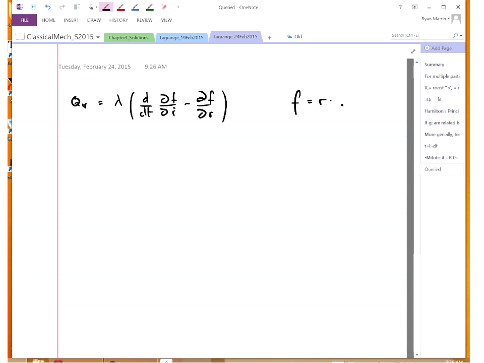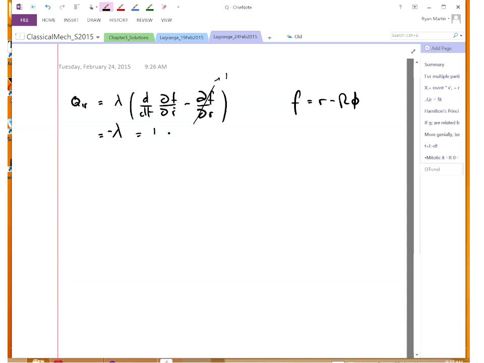So let me just write f. F was little r minus big R phi. So f doesn't depend on r dots or phi dots, so that first term is 0. So Q1R is going to be lambda. The first term is 0, and then the derivative ∂f/∂r is just equal to 1, right? So Q1R is lambda.